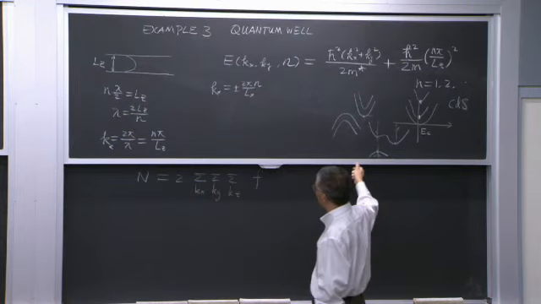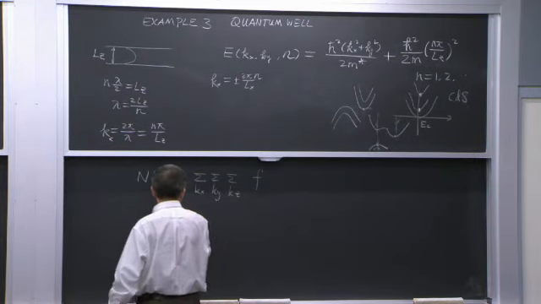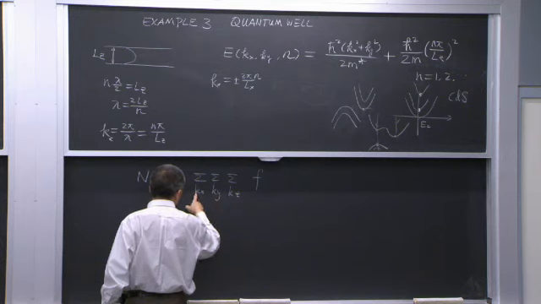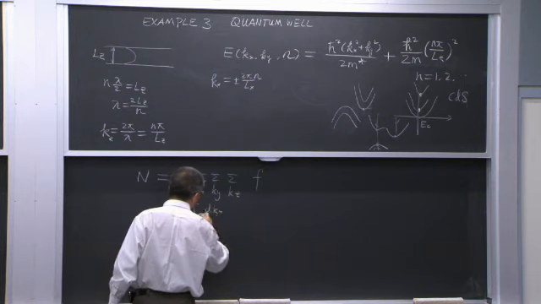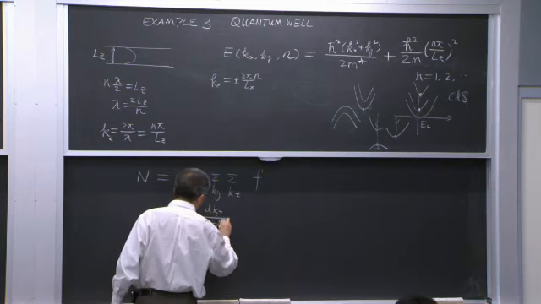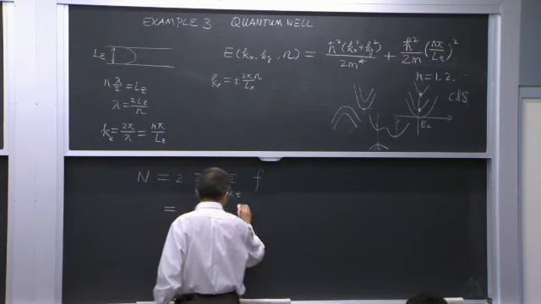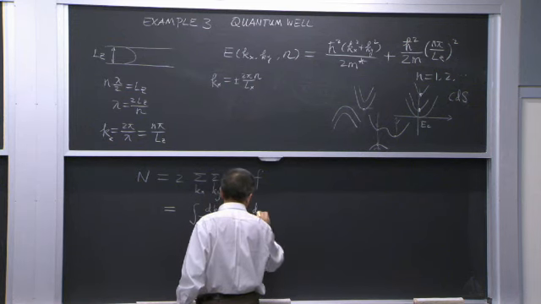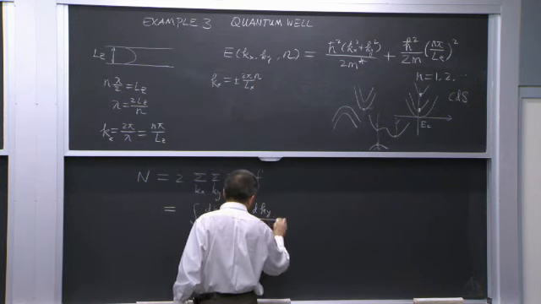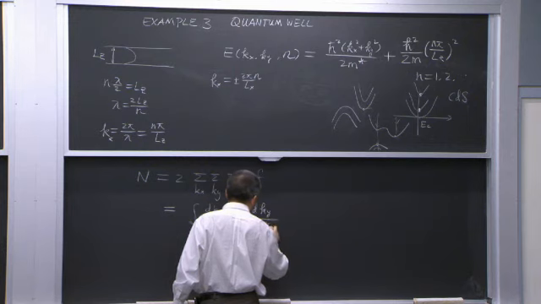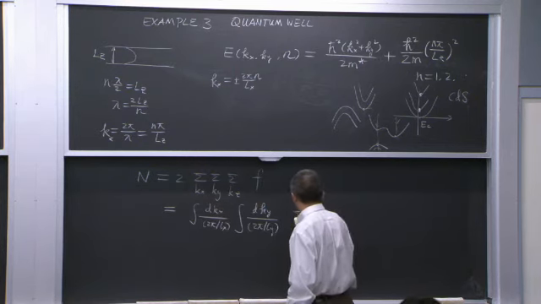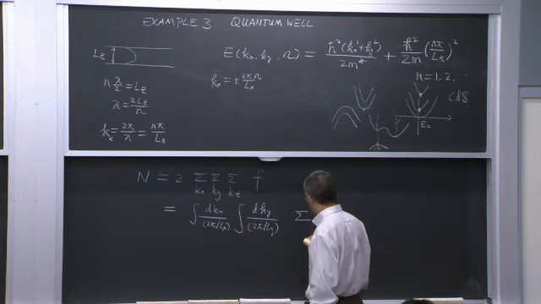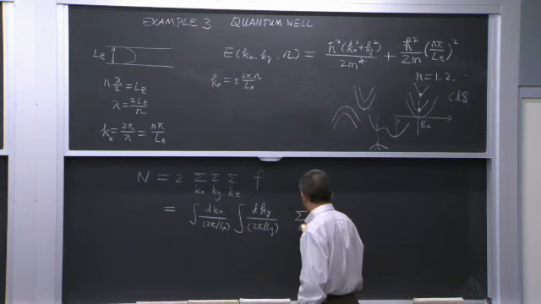So this is what I'm going to do. I can still do dkx over 2 pi Lx, and in the y direction dky over 2 pi Ly. In the z direction I cannot do that, so I'm going to keep my summation. Rather than kz, I can also use n.